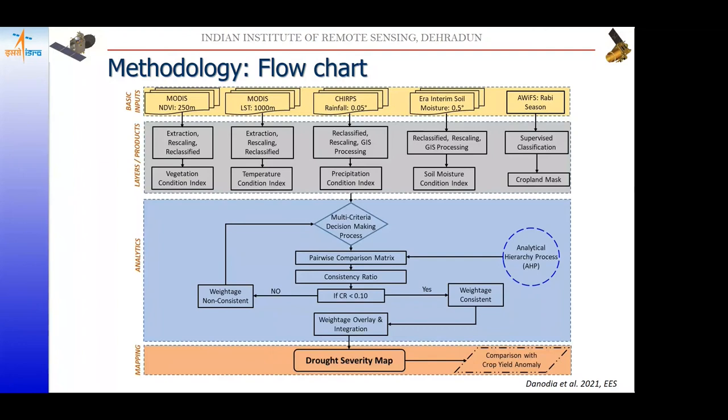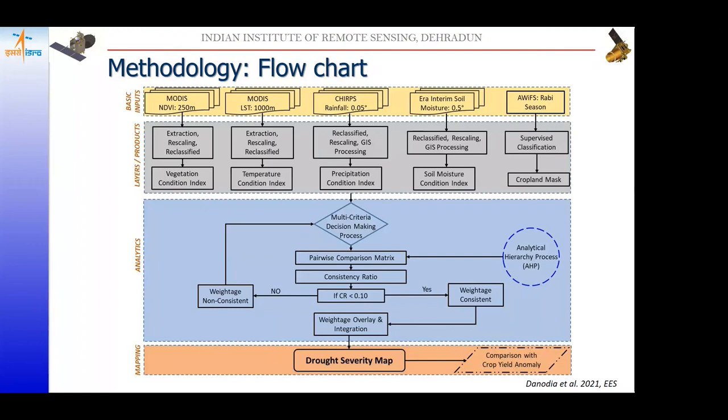spectral indices: vegetation condition index from NDVI, temperature condition index from LST, precipitation condition index from rainfall, and soil moisture condition index from soil moisture data sets. Then we use the MCDM multi-criteria decision making approach, where we use the analytical hierarchical process and define the weightage based on their pairwise matrix, and define the drought severity map.